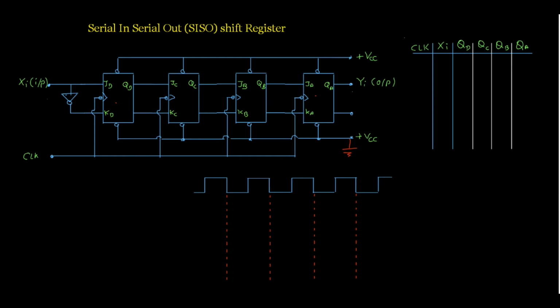So the clear input is active low. Due to this, all the flip-flop outputs are going to be 0. We are not applying any clock at this moment, but we are clearing the SIPO register, meaning whatever previous data is there will be cleared out.